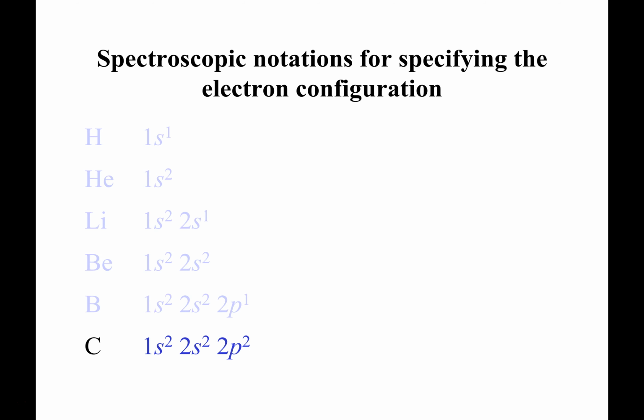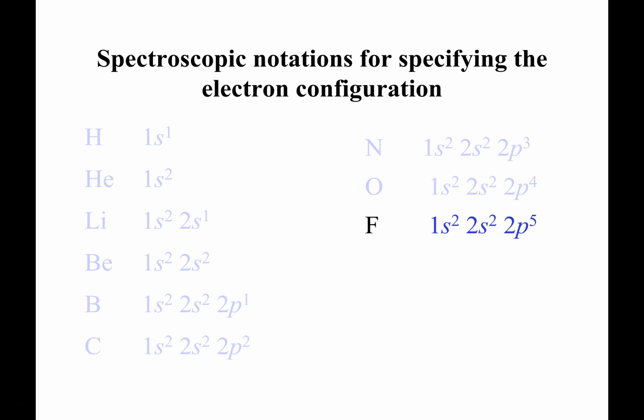But that's not our problem. 1s2, 2s2, 2p2. Nitrogen, 1s2, 2s2, 2p3. So it just keeps building on it. Oxygen, 1s2, 2s2, 2p4. Superscripts add up to 8, which is nice.